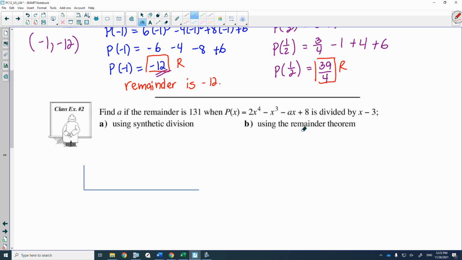So setting this up, you look at your polynomial function and make sure it's in descending order of x, and we have 0 as a placeholder. So we need to rewrite this because we need a 0 placeholder. So P of x is equal to 2x to the 4 minus 1x cubed, plus 0x squared, minus ax plus 8.